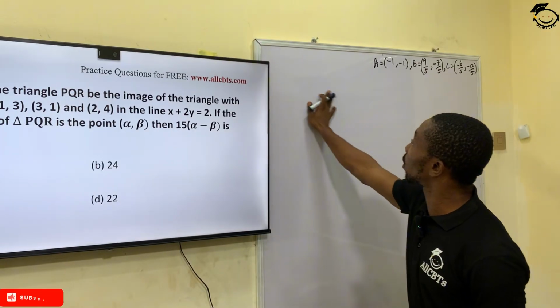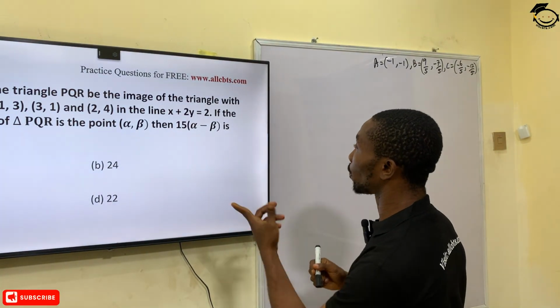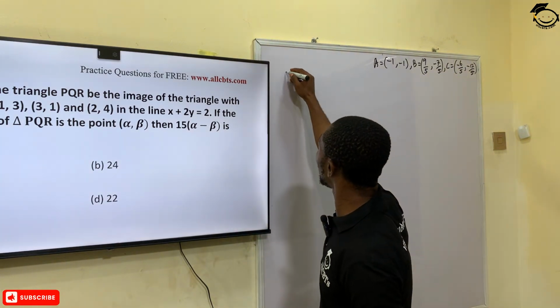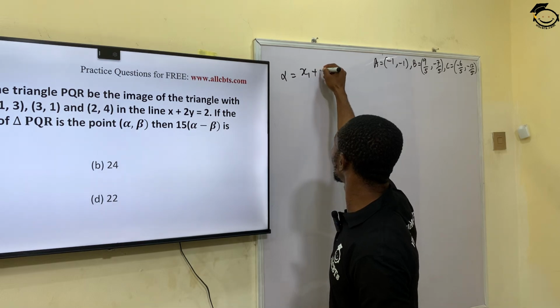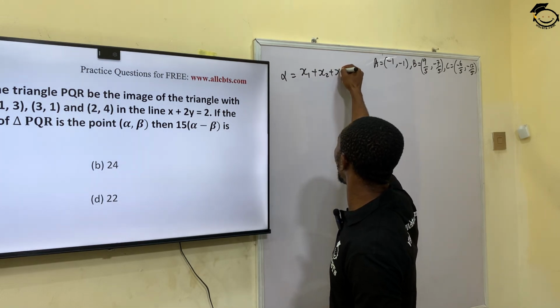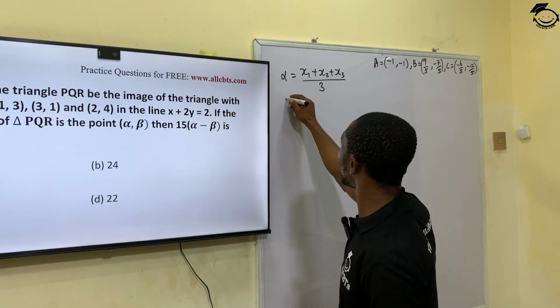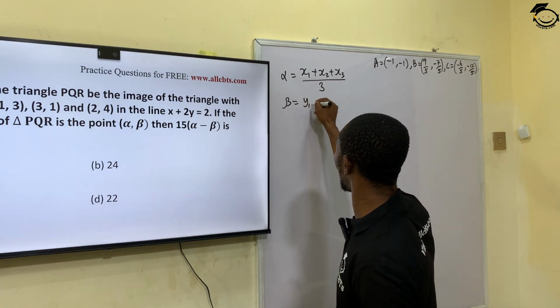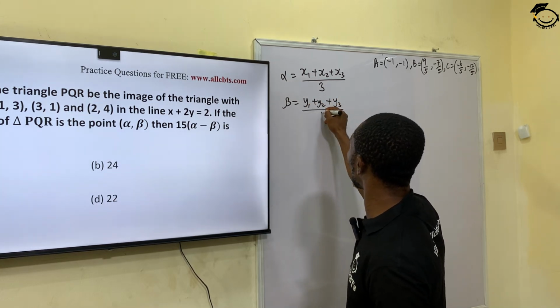All right, so next we'll be calculating our centroid. To calculate the centroid of PQR at points alpha and beta, we'll be having alpha equals x1 plus x2 plus x3 divided by 3, and beta equals y1 plus y2 plus y3 divided by 3.